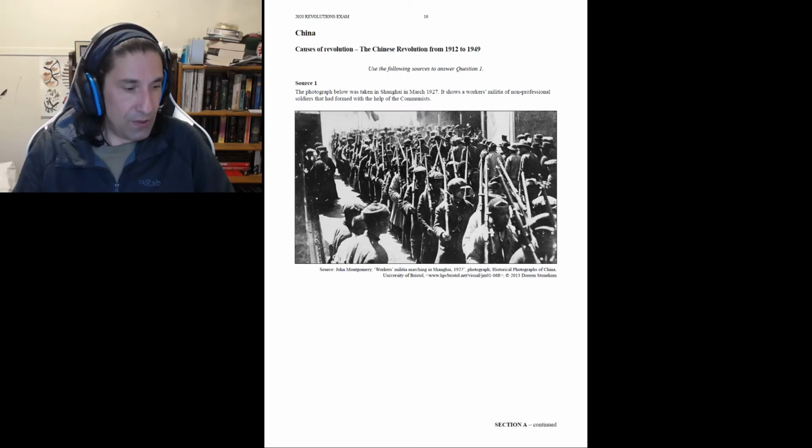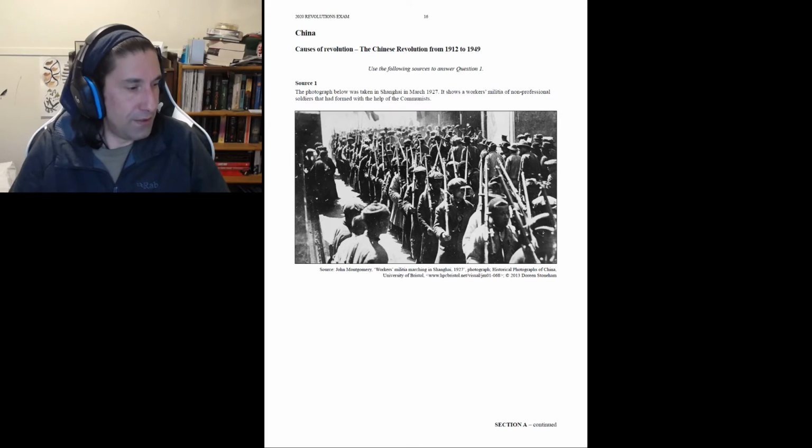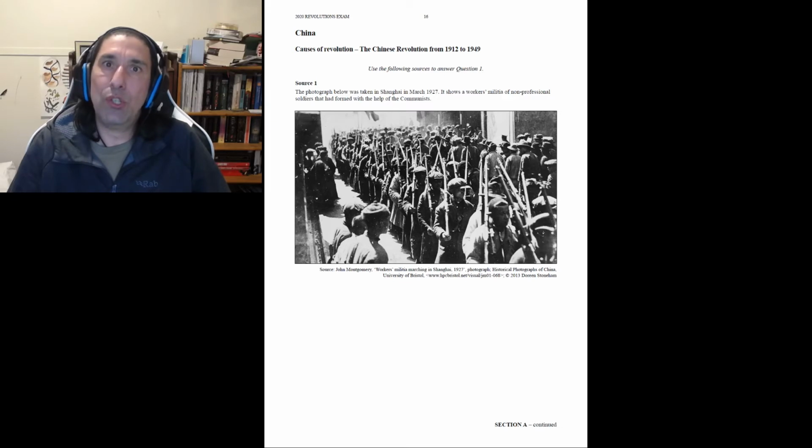And the Northern Expedition was when the Kuomintang and its allies, the CCP and the Comintern, these three allies formed the First United Front. That's when they decided to march north to retake China from the warlords, and the Comintern was that Russian government agency that was set up to support overseas communist revolutions.